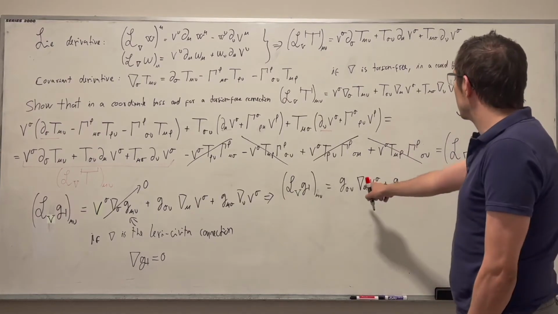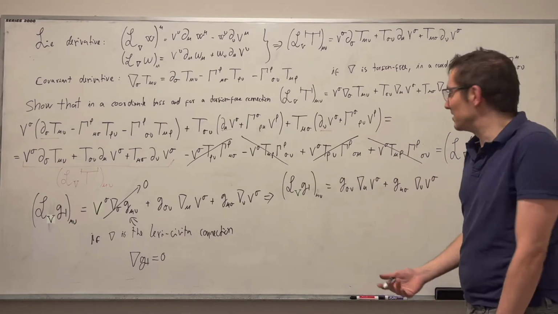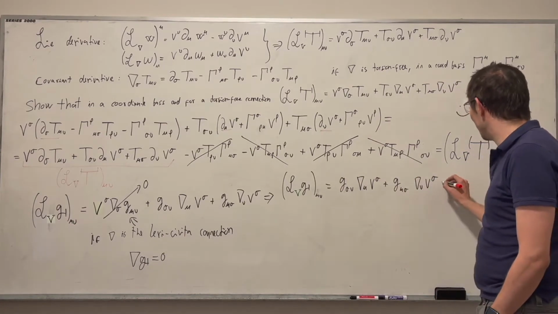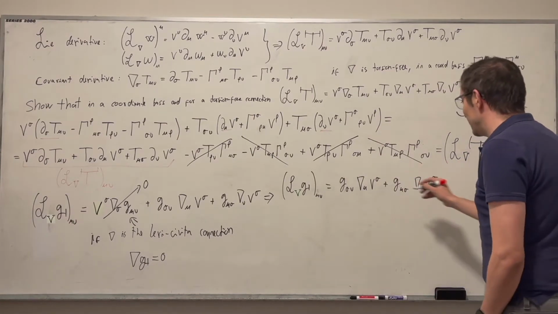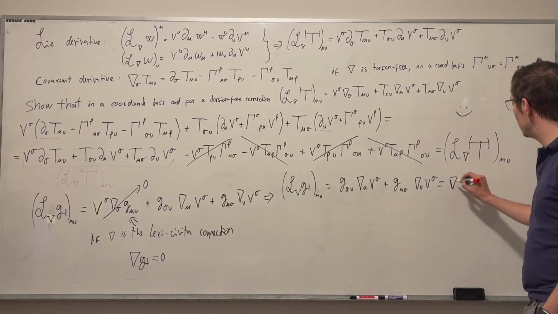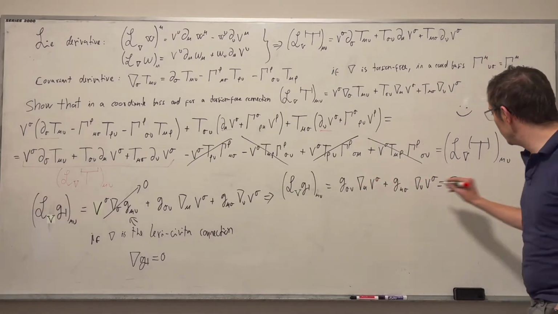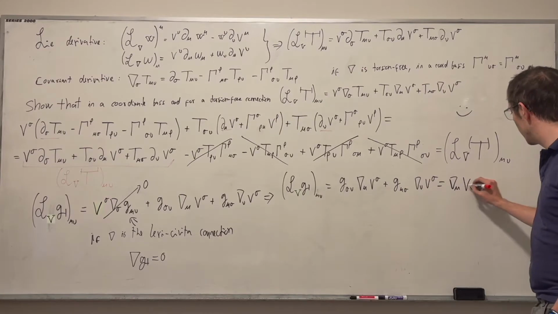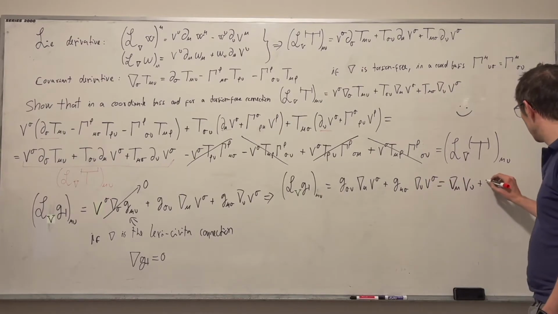But then again, we can use the metric to lower the indices of the vector here. So what we get is that this Lie derivative is equal to nabla mu v nu, lowering the index, plus nabla nu v mu.